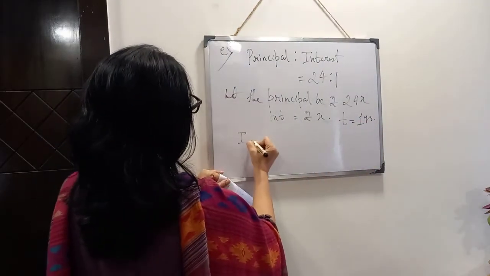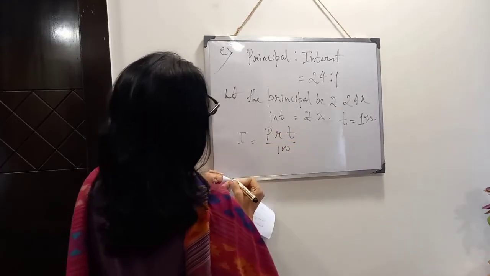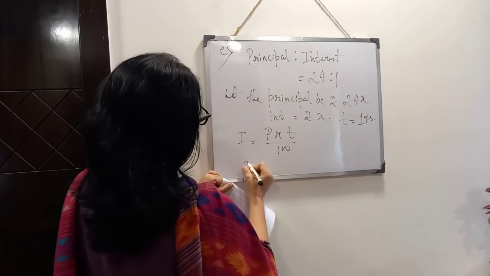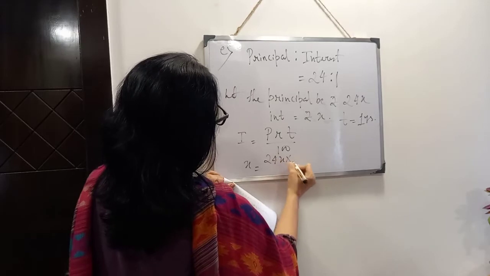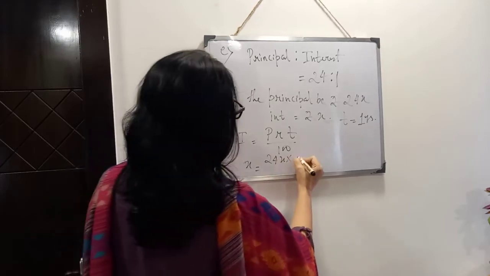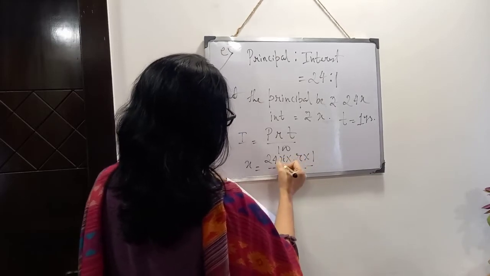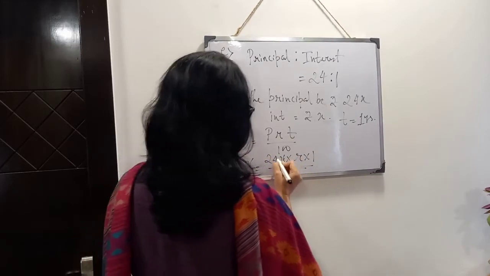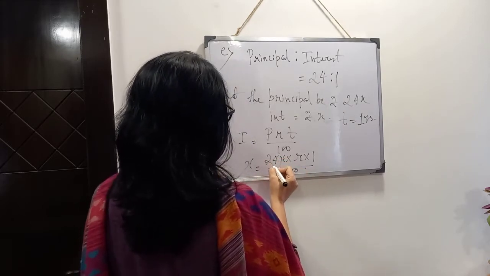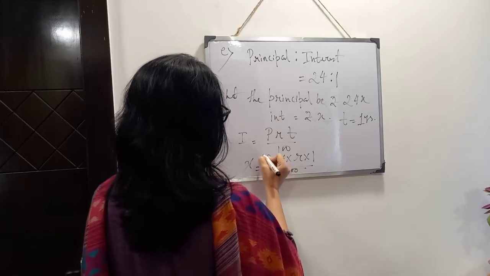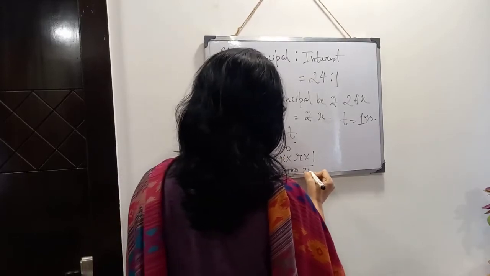So I equals PRT by 100. Our interest is x and principal is 24x. Rate of interest is not given, T is 1 year, by 100. So x you cancel. By 4 we can cancel, 4 6s are 24 and 4 25s are 100.